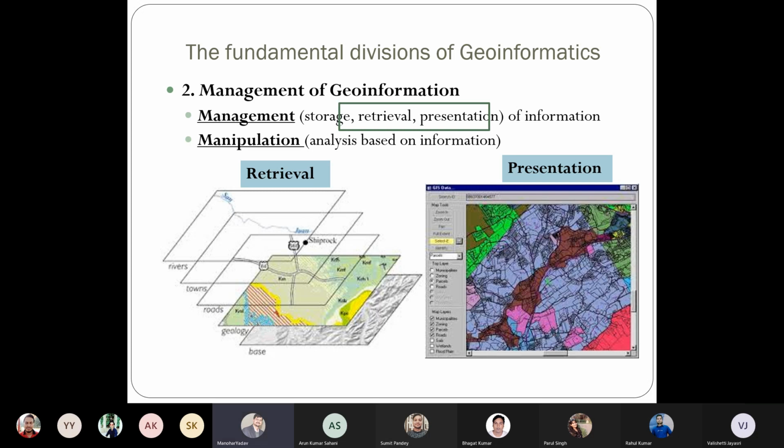Let me share one example, in a flood scenario. If there is a rescue operation, they should have a road network map of the city, along with information on the elevation values of different locations, that is, the height of different locations in the city.